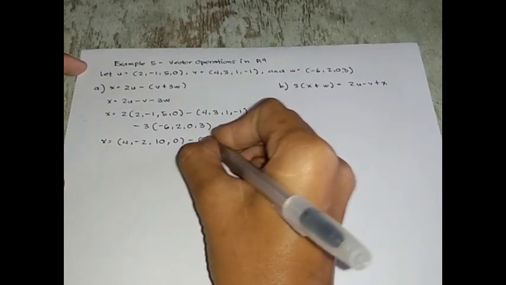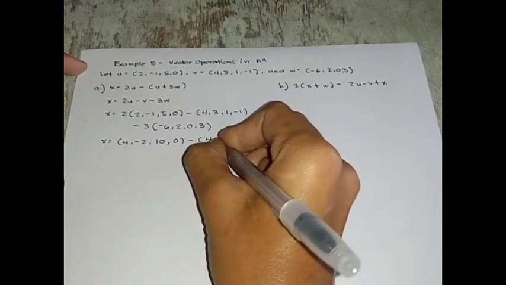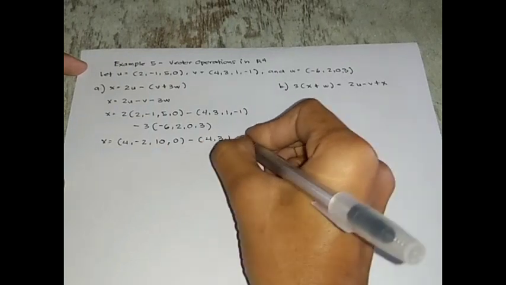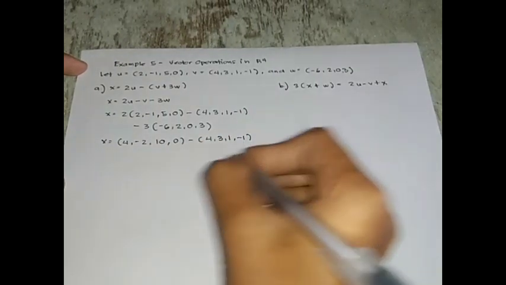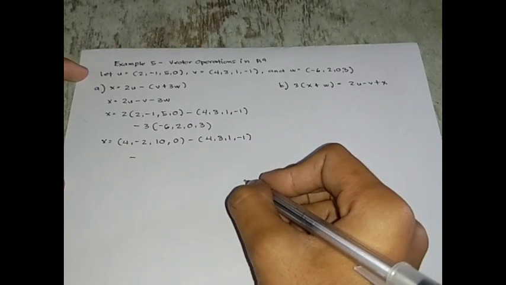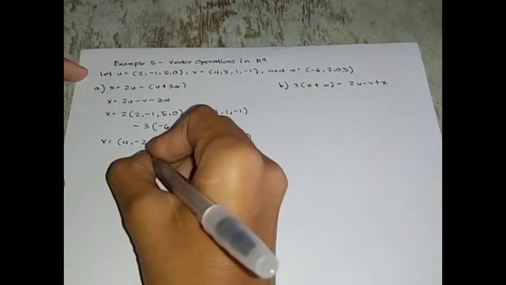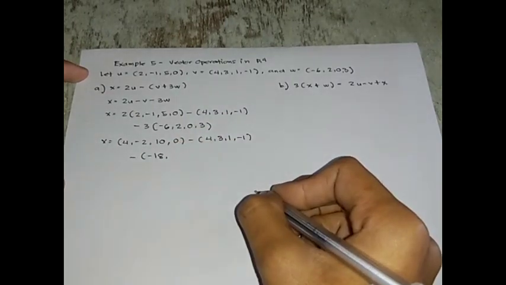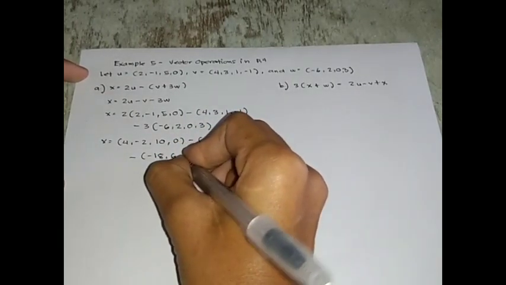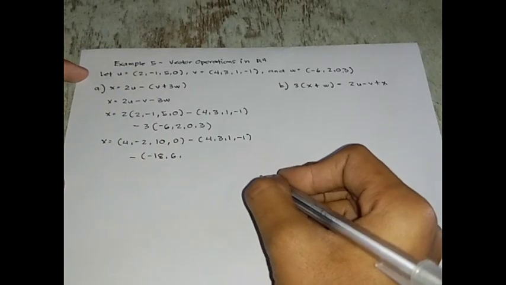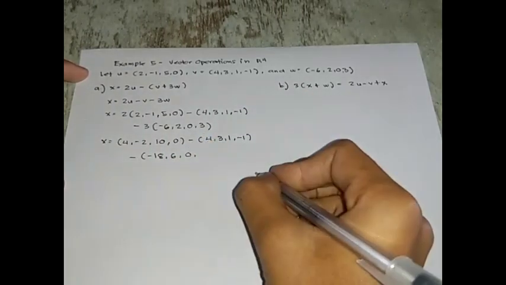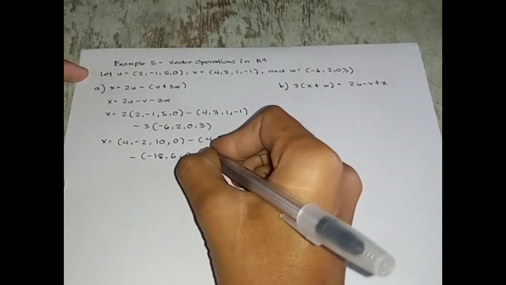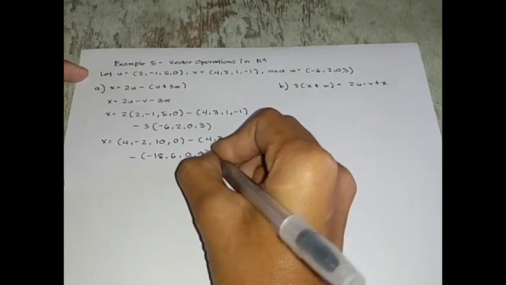Then copy the value of v: 4, 3, 1, and negative 1. Minus 3 times negative 6 is equal to negative 18. 3 times 2 is equal to 6. 3 times 0 is equal to 0. 3 times 3 is equal to 9.